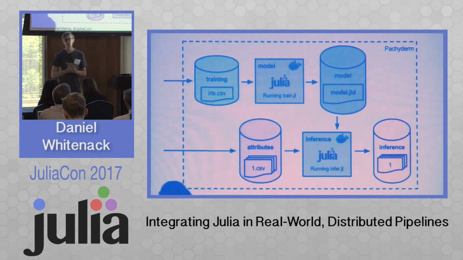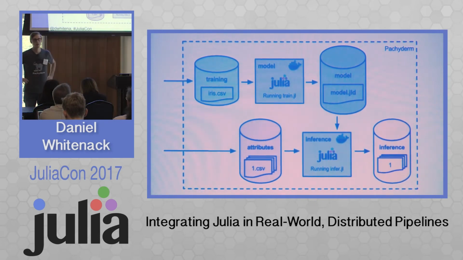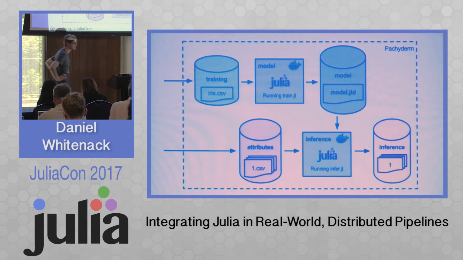Yeah? Do Pachyderm's repositories generally have a philosophy of multi-repo versus mono-repo, or do you handle both? Yeah, so the question was around whether we have a philosophy around mono-repos or multi-repos, or how we suggest things.